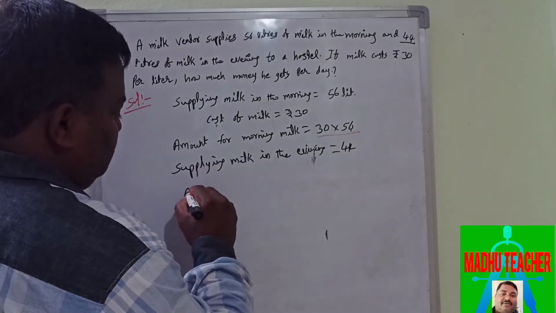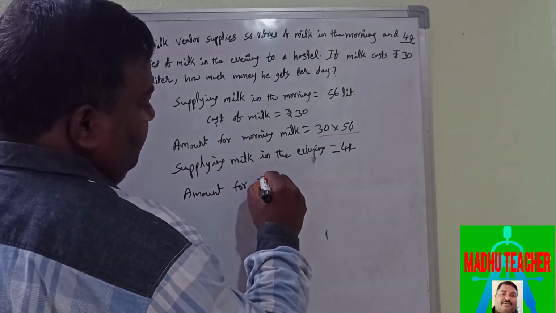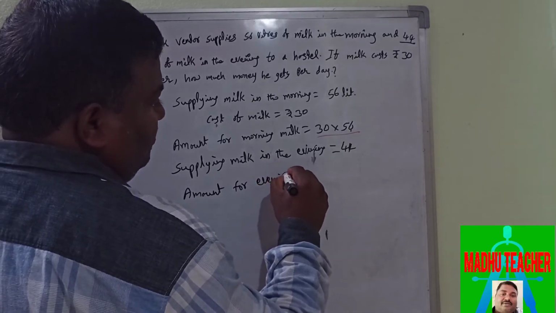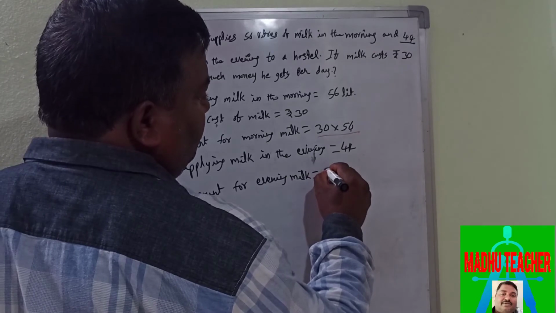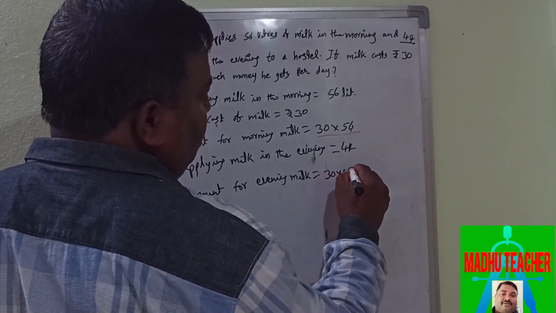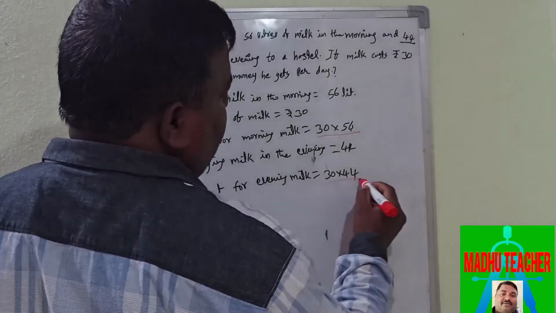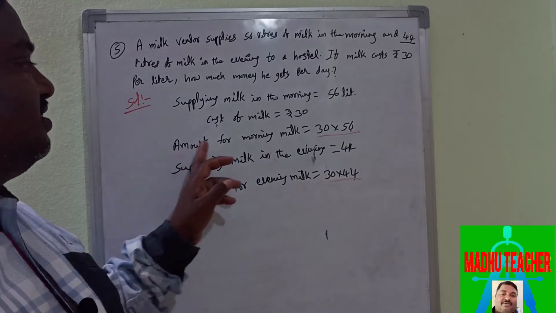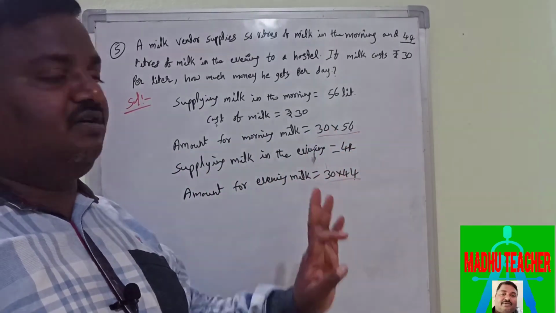So amount for evening milk equal to 30 into 44. Okay, so this is amount for evening. So this is the amount for morning and this is the amount for evening.